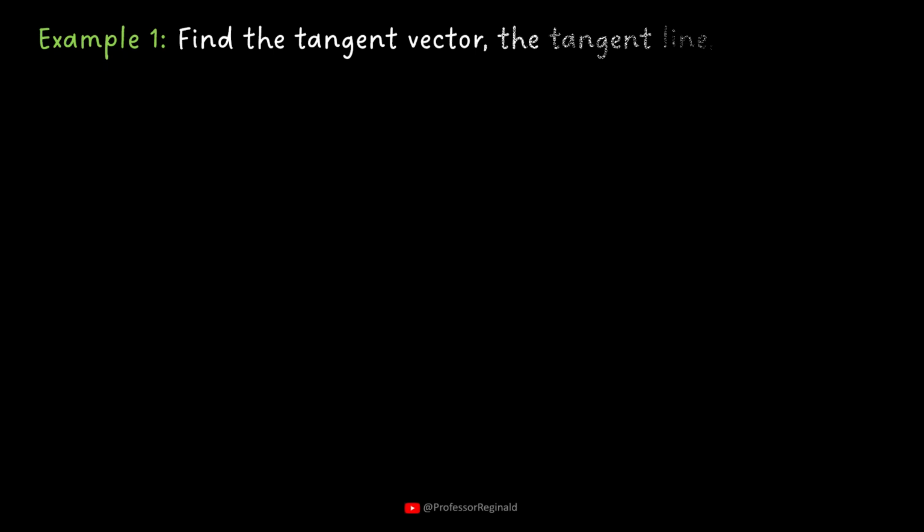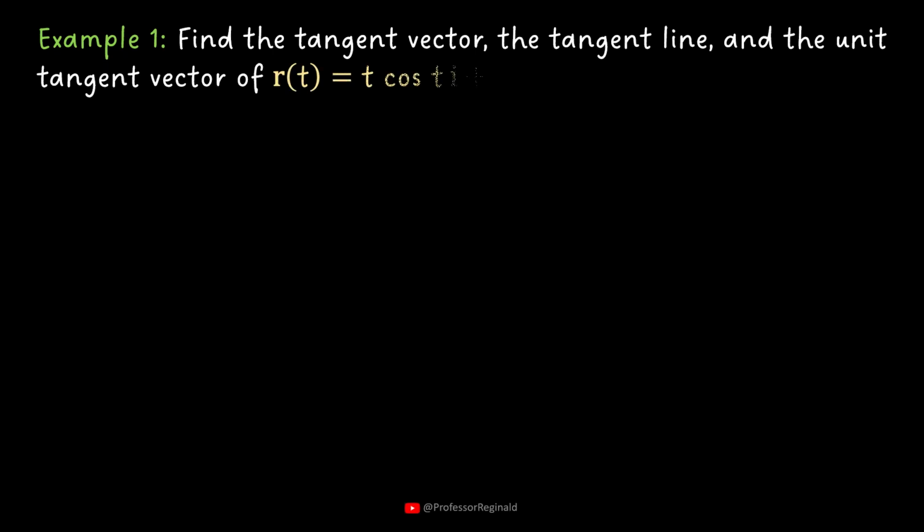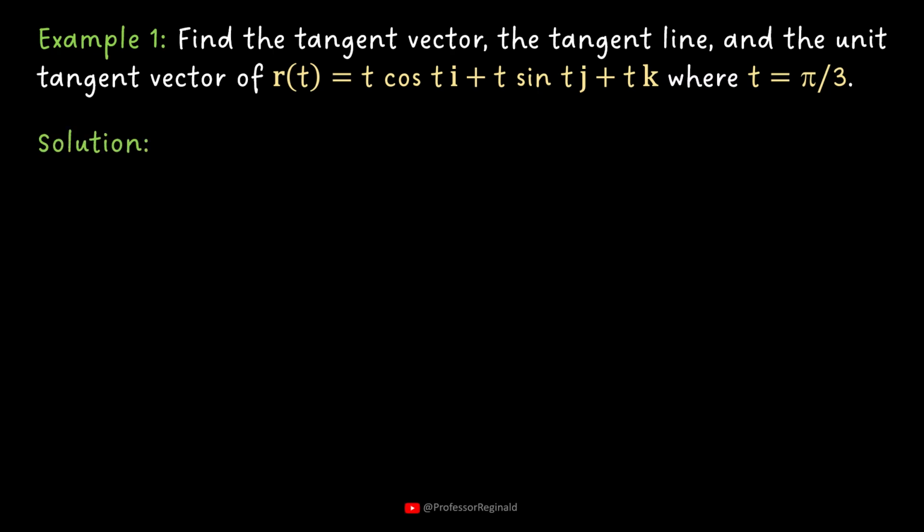Example 1. Find the tangent vector, the tangent line, and the unit tangent vector of the following vector-valued function where t equals pi over 3. Solution. First, let us find the derivative of the vector-valued function.